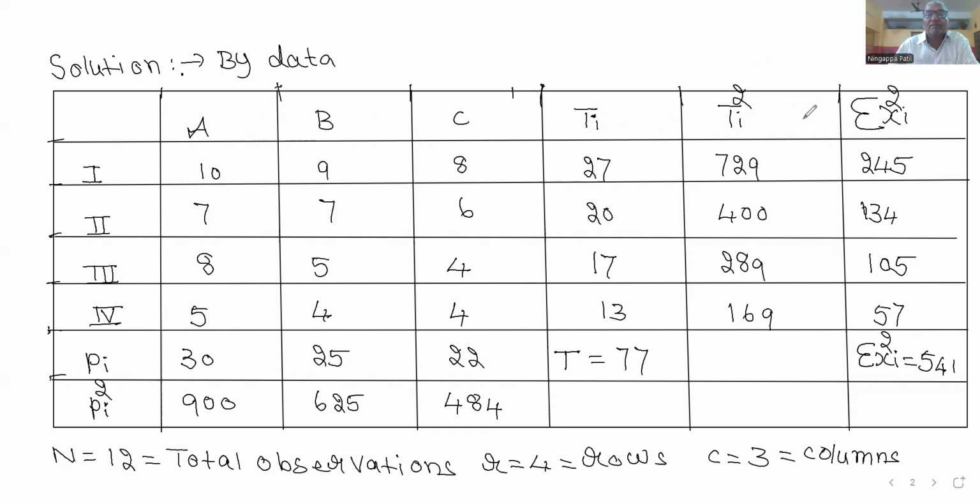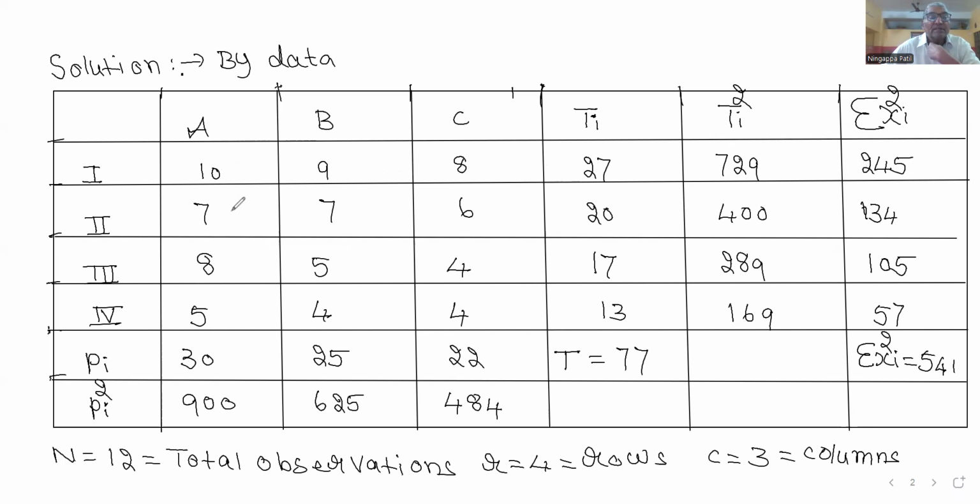And again, the summation of x square, that is A square plus B square plus C square, equal to summation of xi square. Therefore, 10 plus 9 plus 8 is 27, and 27 square is 729. Again, 10 square plus 9 square plus 8 square is 245.